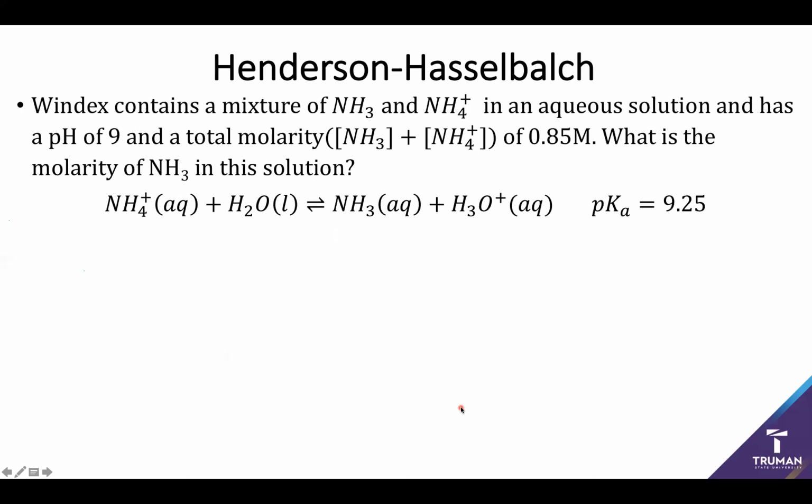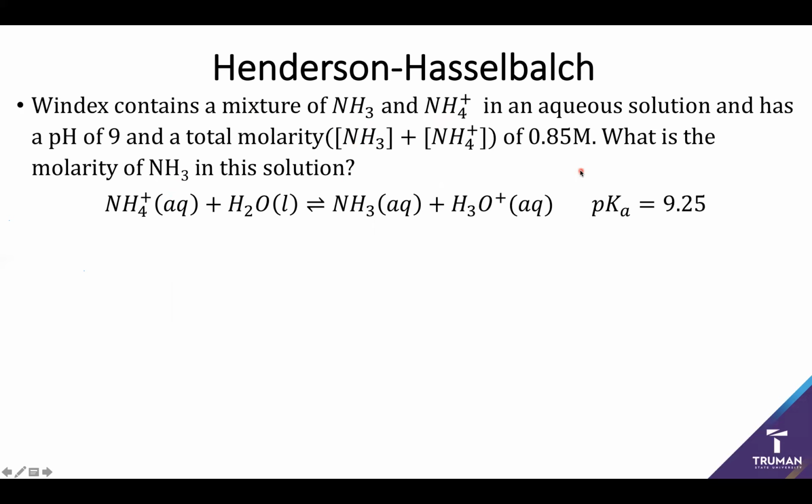Now let's use the other version of this. It turns out Windex contains a mixture of ammonium and ammonia, though it's mostly present as ammonium hydroxide, but for our purposes that really won't matter. It tends to have a pH of 9, and a very common total molarity for this mixture of ammonia and ammonium is 0.85 molar.